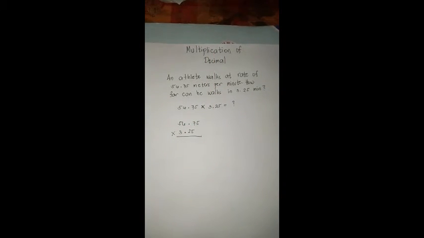Okay. So, kung mapapansin nyo, hindi sila naka-align or kahit anong pwesto nila. But, the process in this case, in multiplication, is kung paano yung pag-process natin or kung paano tayo nagmumultiply.